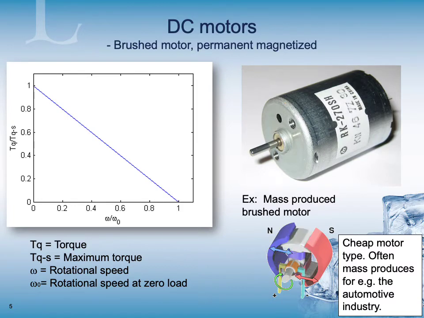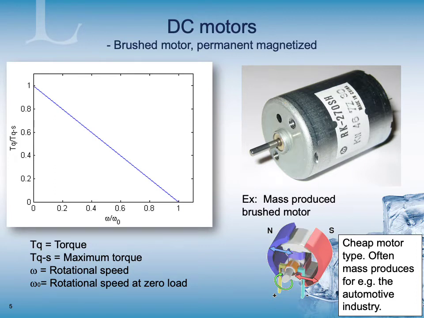But also, if you look at the torque characteristics, here we have a normalized torque curve. TQS is the maximum torque, and omega 0 is the rotational speed at zero load. So when omega divided by omega 0 is 1, you have the maximum speed, and when TQ divided by TQS is 1, you have the maximum achievable torque.